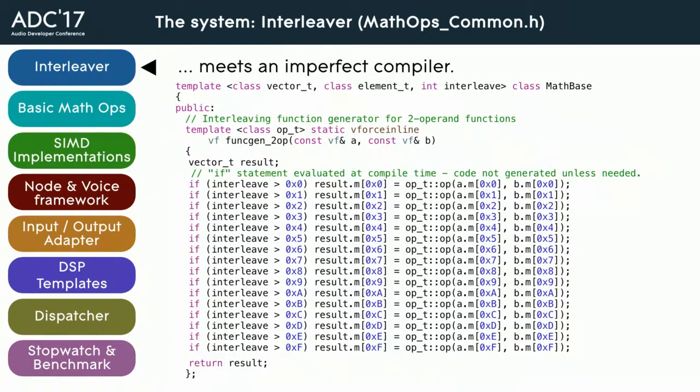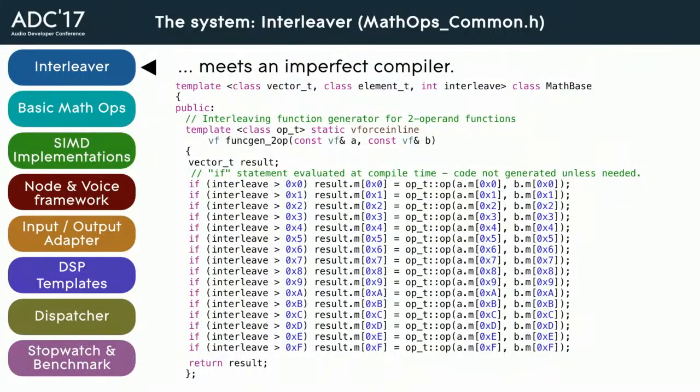Well, almost. It turns out there is one very popular compiler on the market, made by a little company called Microsoft, that doesn't understand compile time for loops when you use SIMD intrinsics. So instead we end up with this not terribly pretty compile time if statement.